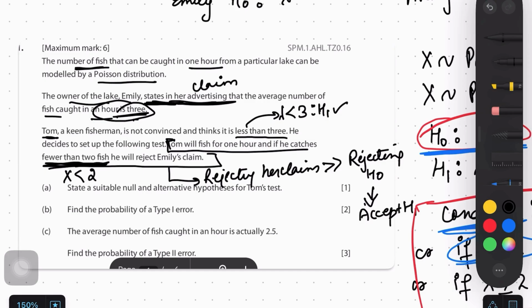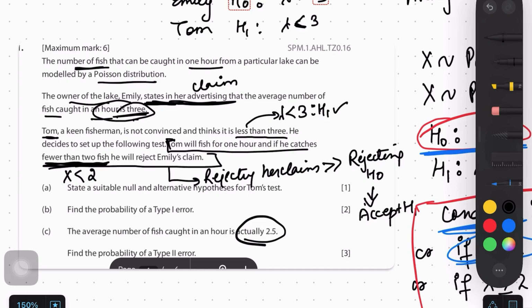The simple meaning of H naught is true is, okay, this question is of Poisson, what's the value of lambda? H naught true means the hypothesis that lambda is equal to 3. So given that lambda is equal to 3. However, accept H1 means look in the condition. So this is the condition.